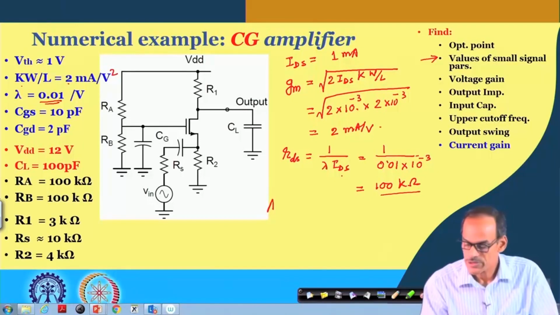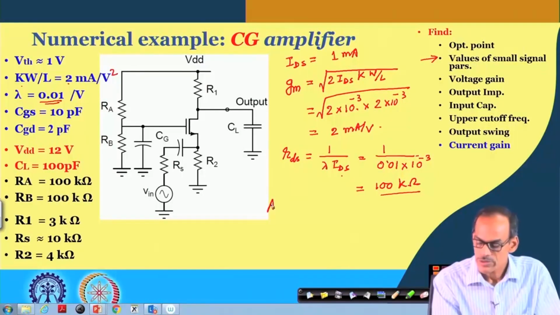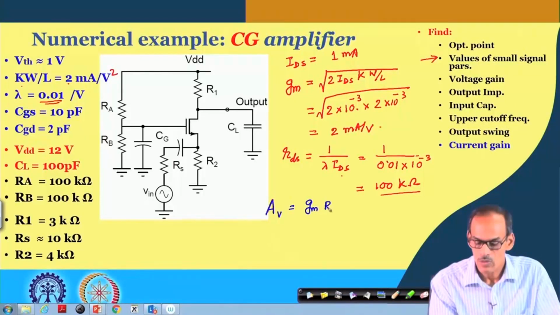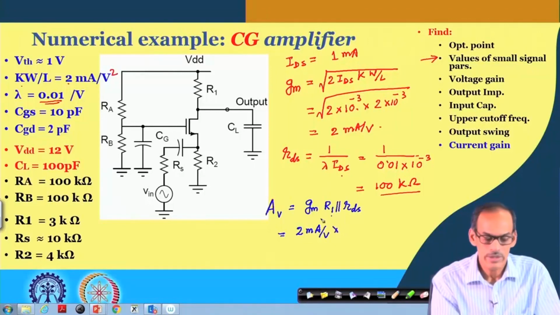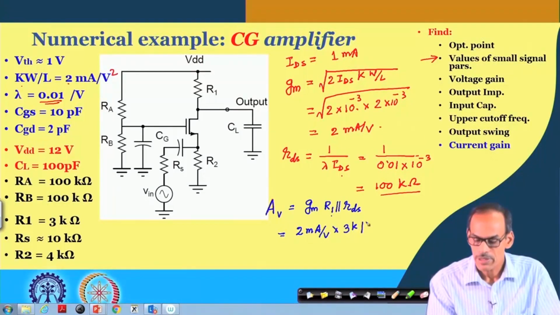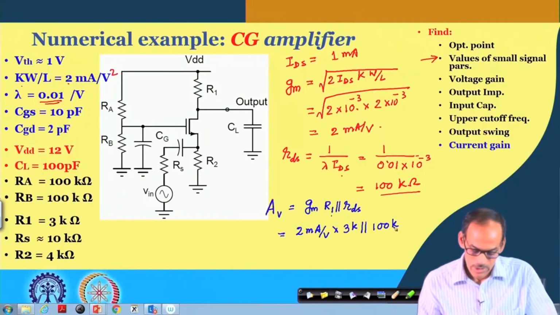The voltage gain AV equals Gm into R1 in parallel with RDS, and Gm is 2 milliampere per volt, and R1 is 3 K in parallel with 100 K. So, again you may approximate or probably you can calculate more precisely.